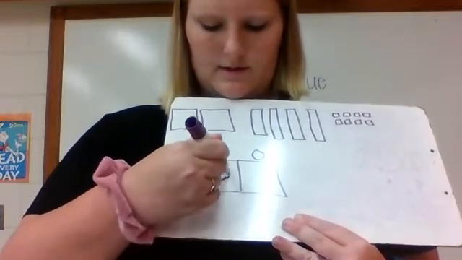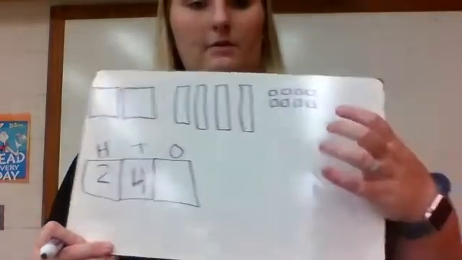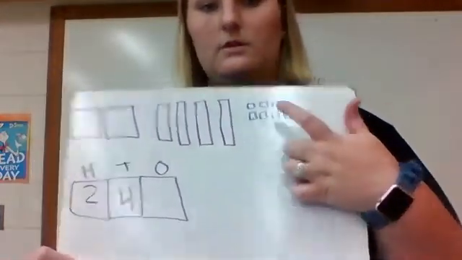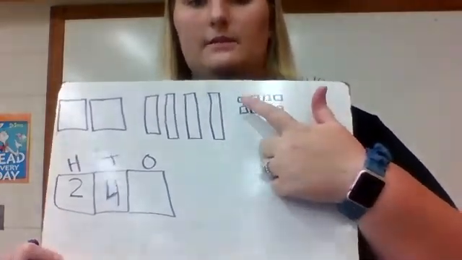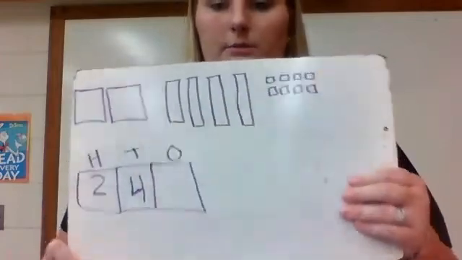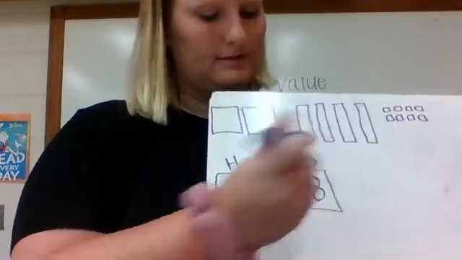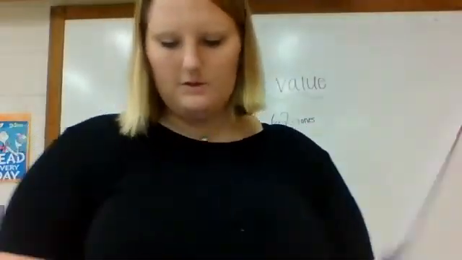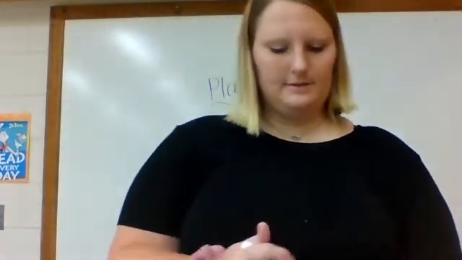Sorry, I'm writing upside down. And how many ones? How many little bitty ones blocks do we see? 1, 2, 3, 4, 5, 6, 7, 8. 8. Where should we write that? Just like that.